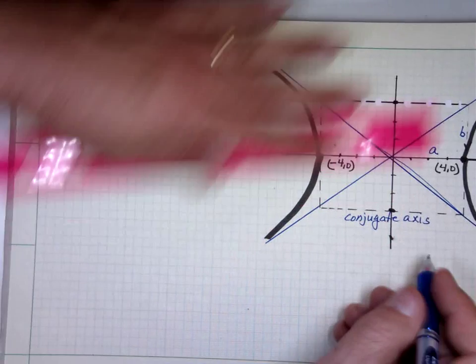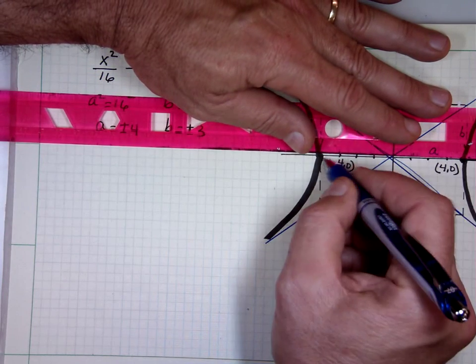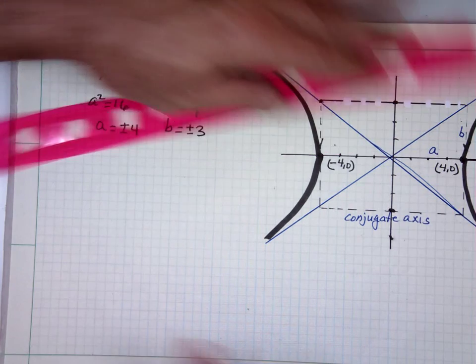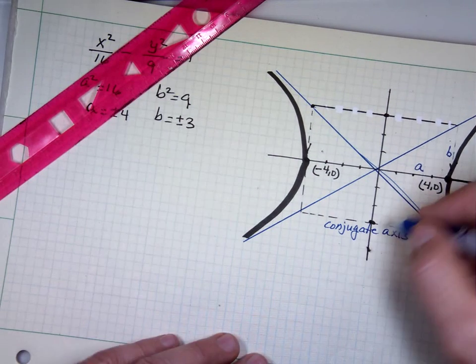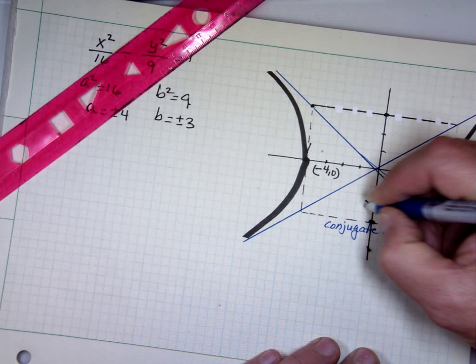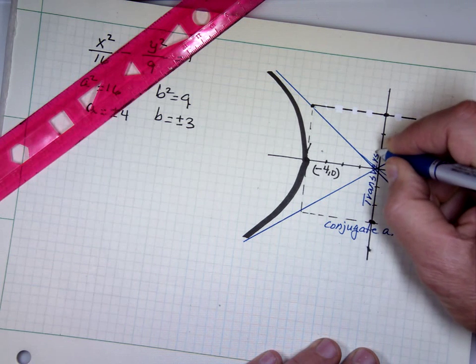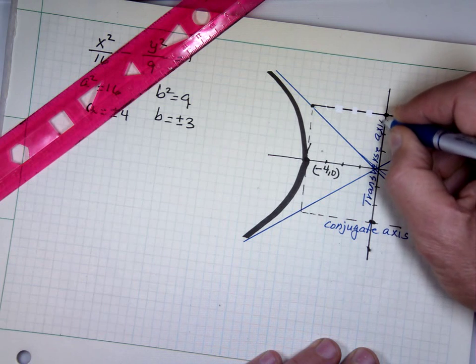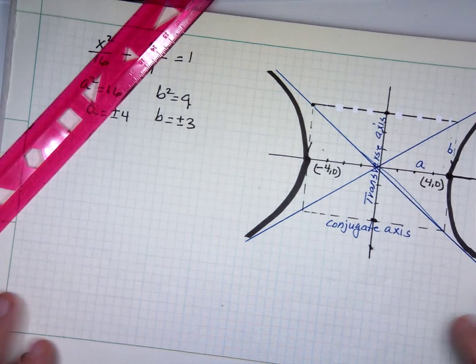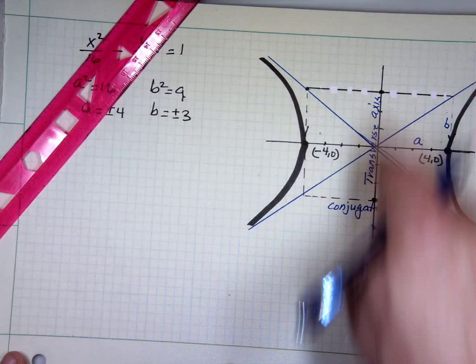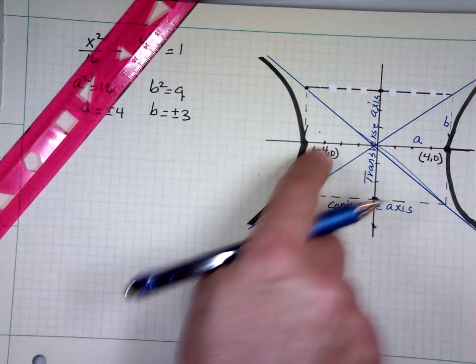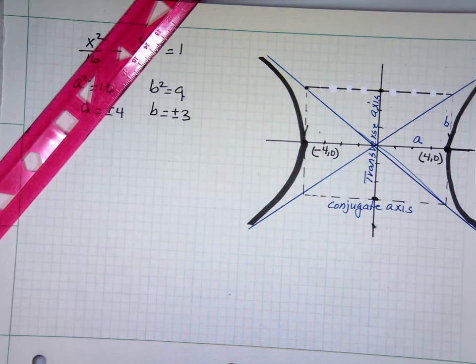That's this distance from here to there. That's this line from this vertex to that vertex. And this line going up and down from this point to that point is the transverse axis. That's what these are called. So the transverse axis is twice B, the conjugate axis is actually twice A.